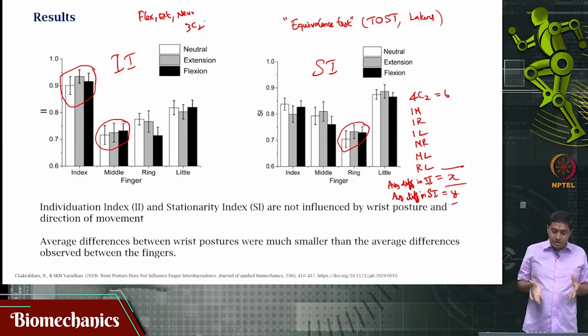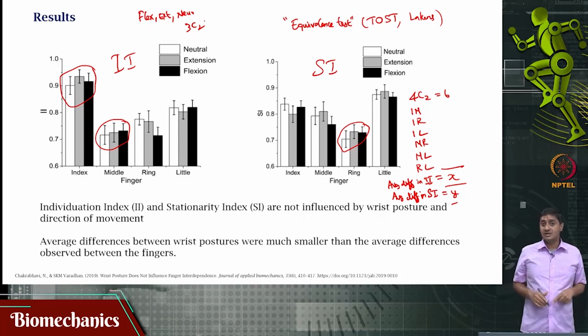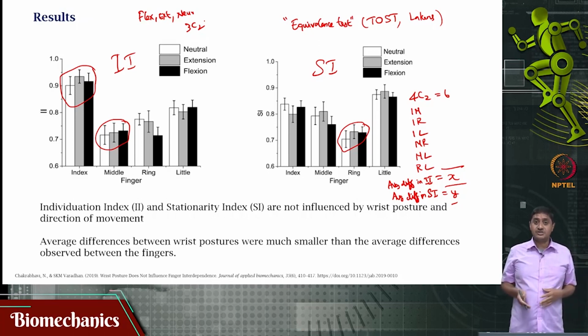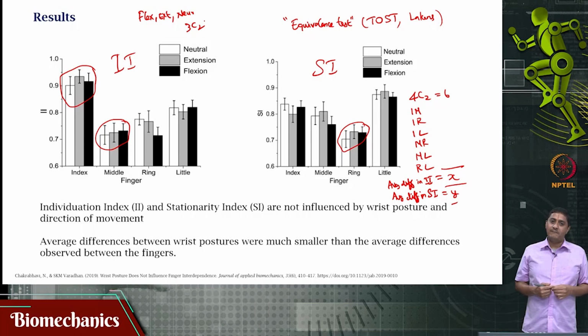So we not only showed that the individuation and stationarity indices are non-different statistically, we also showed that the individuation indices and stationarity indices between the wrist postures were actually statistically equivalent. That, in my opinion, is perhaps the most crucial, unique contribution of our paper.